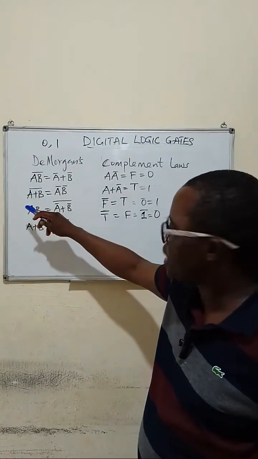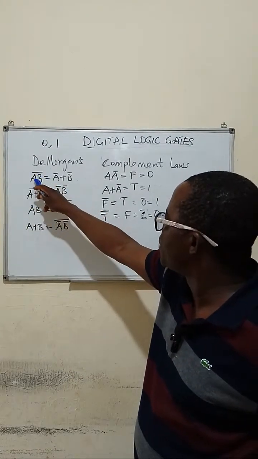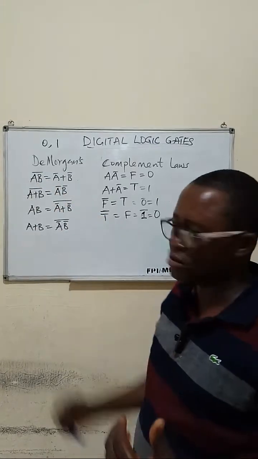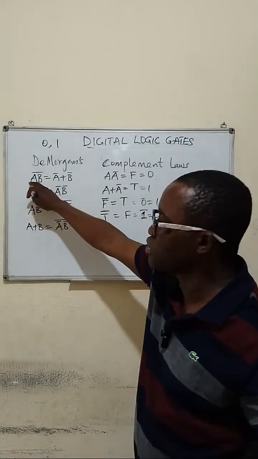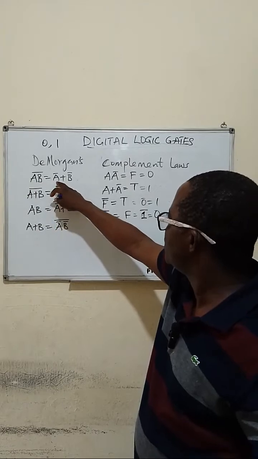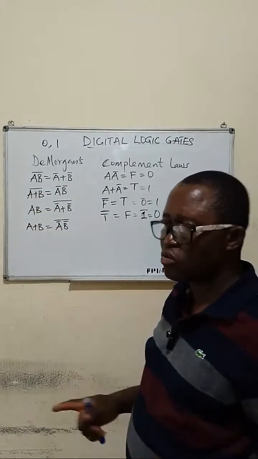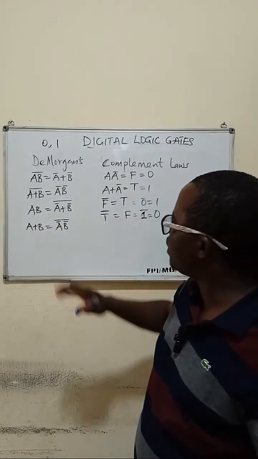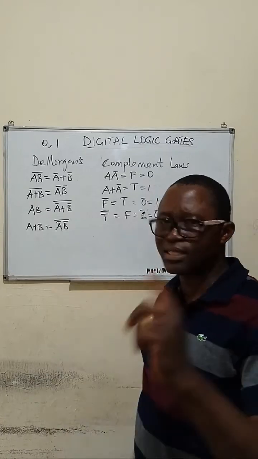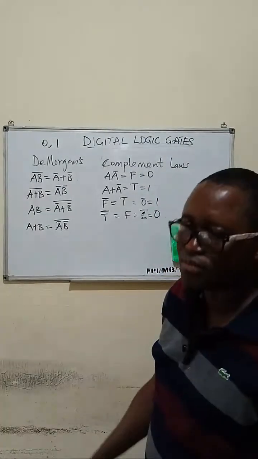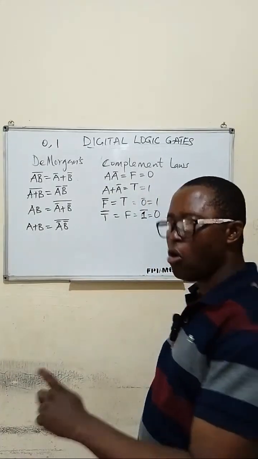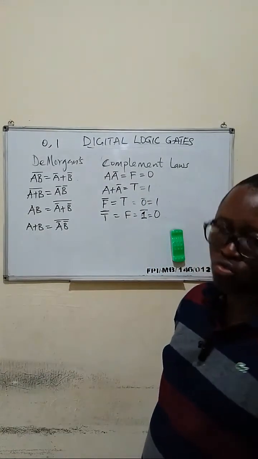So once you break apart the inversion, it is going to break apart, taking the inversion on each element separately, while the sign between them will change from AND to OR, or from OR to AND.